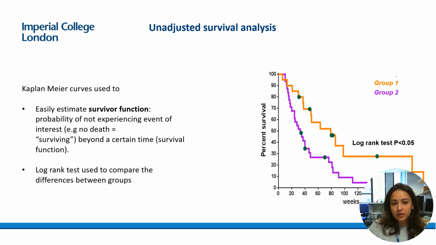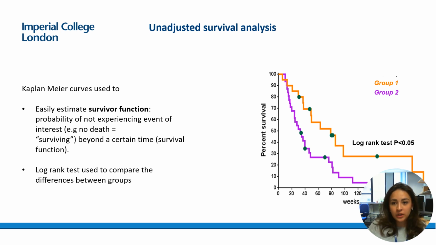Kaplan-Meier curves are commonly used to estimate survival functions in unadjusted survival analysis. It's very easy to use, and you can easily estimate survivor functions, which is really the probability of not experiencing an event of interest. For example, if we're looking at death, what's the probability of surviving beyond a certain period of time?